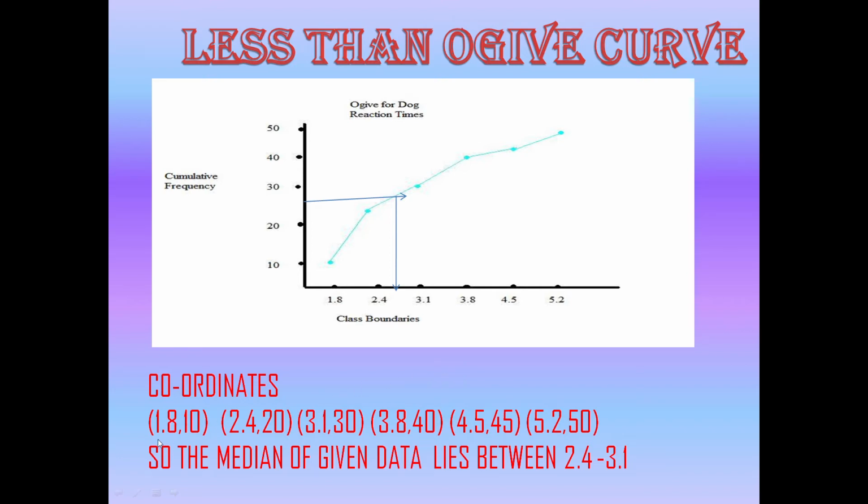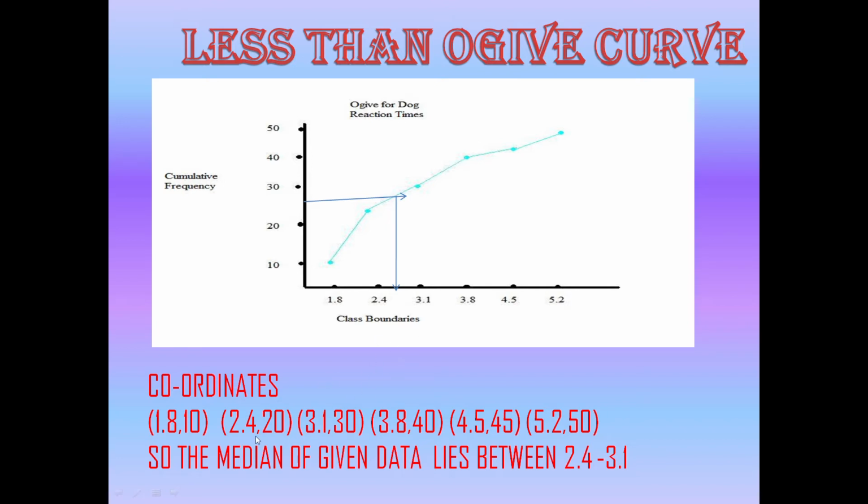Here I am going to take the 1.8 comma 10 coordinate. The values 1.8, 2.4, 3.1, 3.8, 4.5, 5.2 are the upper boundaries, which we denote on the x-axis as class boundaries.